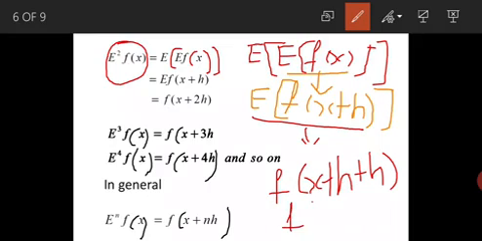If you simplify this, it becomes f of x plus 2h.